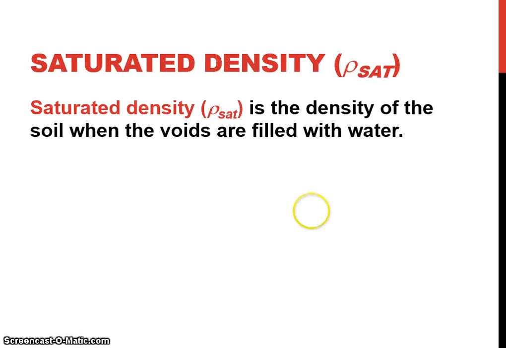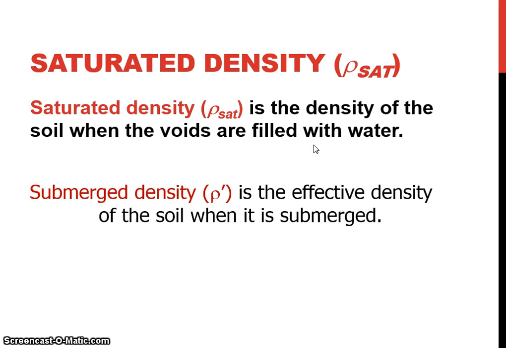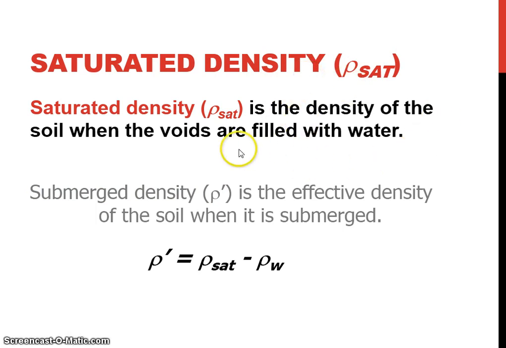Okay, so another thing that I would like to introduce is rho saturated, the saturated density. Saturated density is quite a long equation, so later I will show you. But not to forget, I would like to introduce the submerged density, rho prime, which is the effective density of soil when it is submerged.